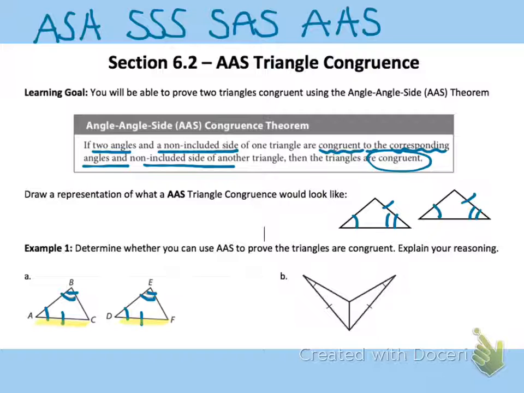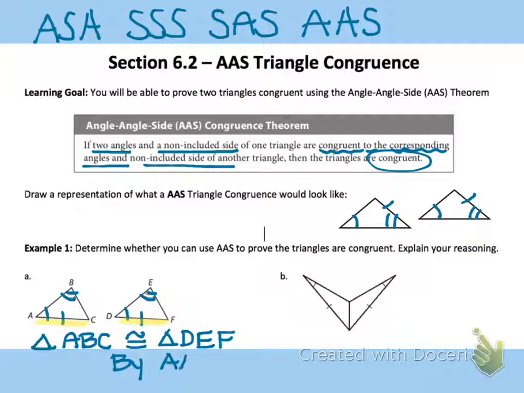It's only touching one of the angles, not both of them. So we know that these are congruent. Say we named this first one triangle ABC, then to match up with the corresponding parts, we'd have to call the other one triangle DEF, and the reason is by the angle, angle, side theorem.